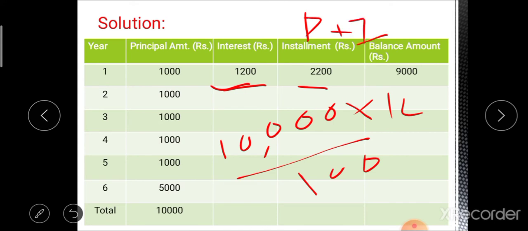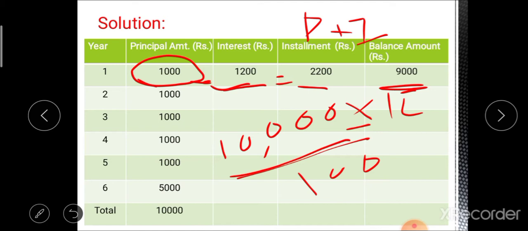Next is the remaining balance at the end of the first year. Out of the total 10,000 rupees loan amount, we already paid 1,000 as an installment amount. So the remaining balance for the first year is 10,000 minus the first year principal amount. We get 9,000 balance amount at the end of the first year.